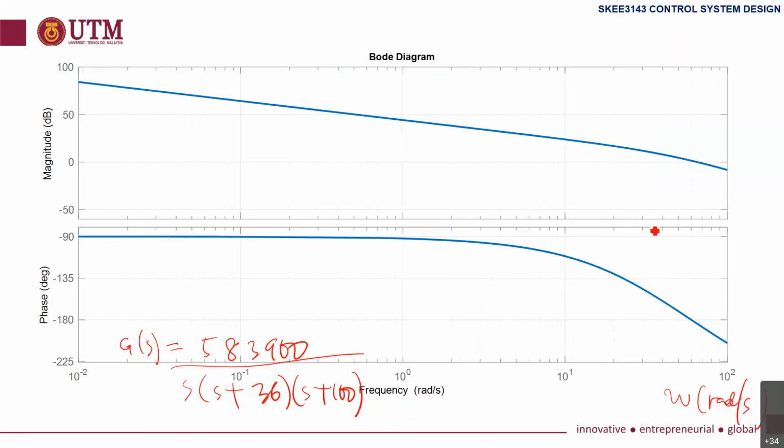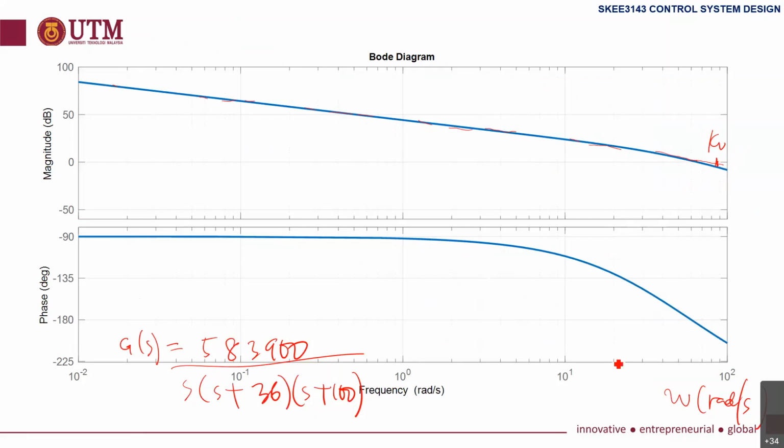If we check Kv, of course not so accurate, but if I make a straight line from here to here, to 0, this is Kv.